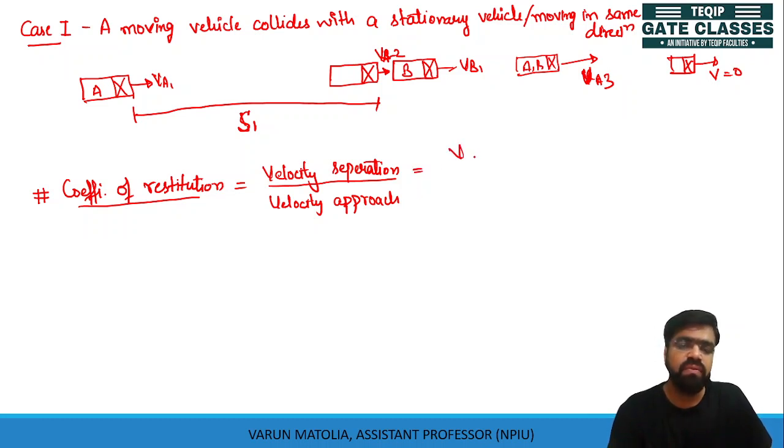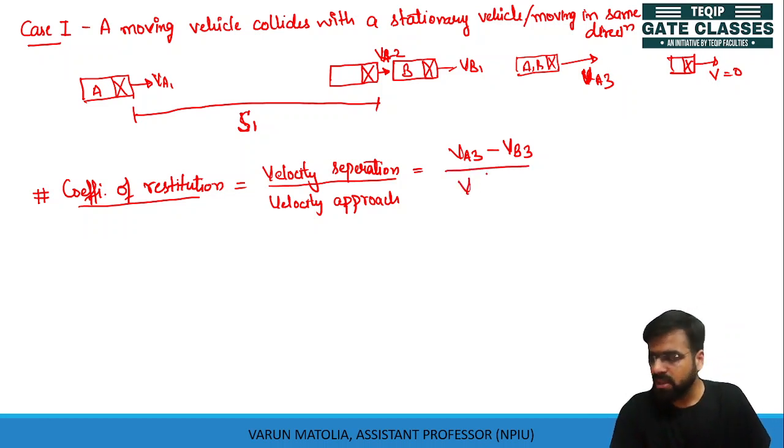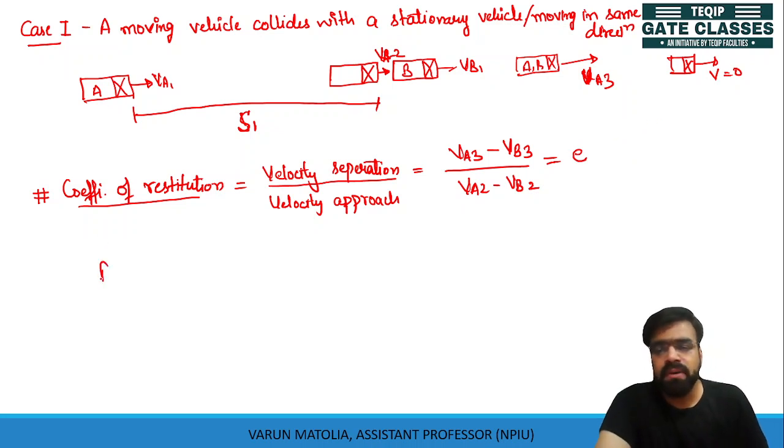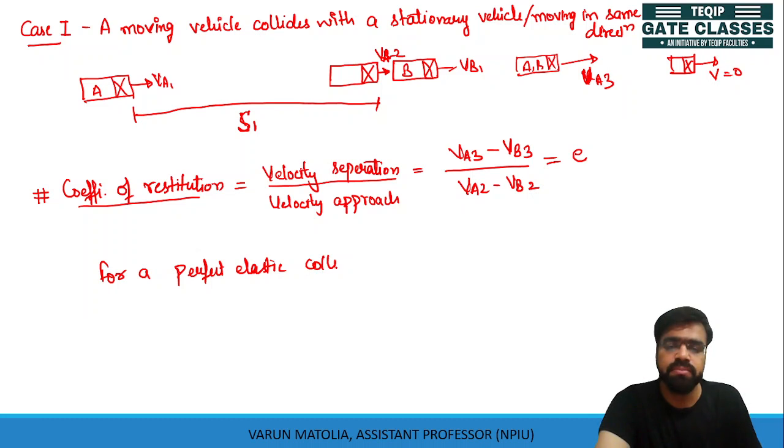Means if velocity of vehicle A is VA3 after collision and velocity of vehicle B is VB3 after collision, and before collision the difference is VA2 minus VB2. This ratio is known as your coefficient of restitution, denoted by the symbol E. For a perfect elastic collision, the E value is equal to 1.